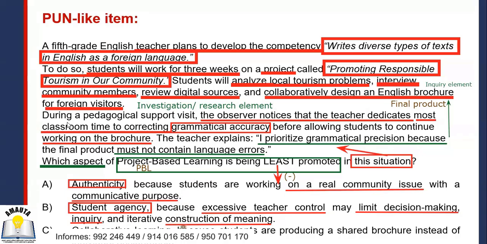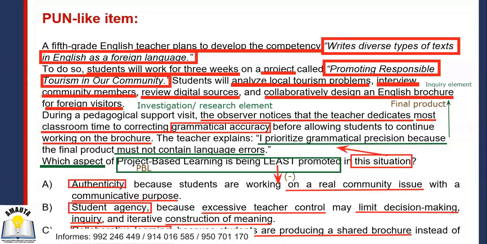The collaborative learning. This is the third aspect. Why is collaborative learning less promoted in this alternative? It says because students are producing a shared brochure instead of individual assignments.